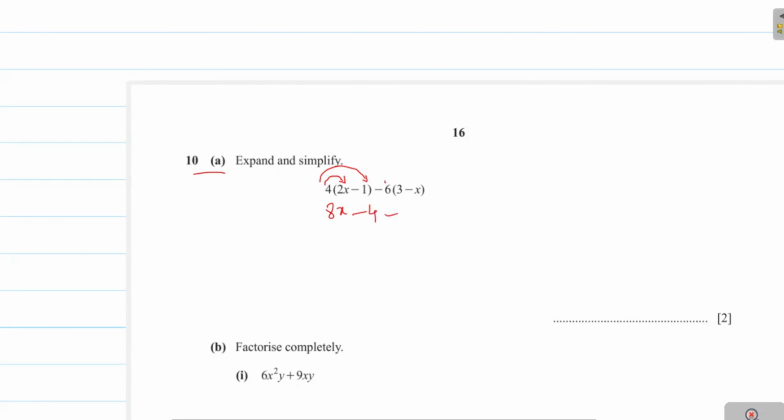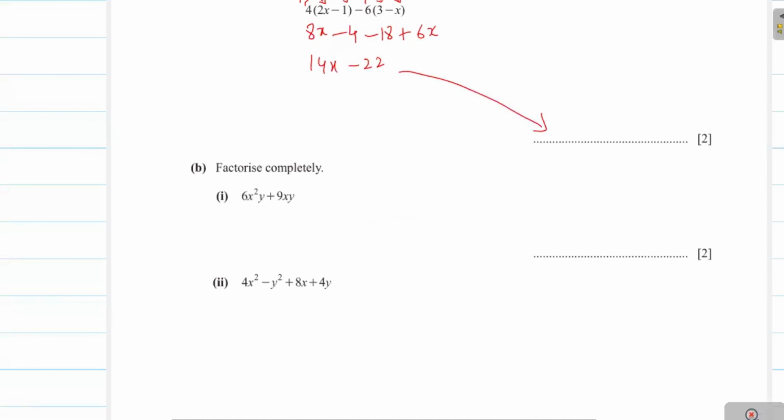Then minus 6 multiplied by 3 is minus 18, and minus 6 multiplied by minus x is equal to plus 6x. Now 8x plus 6x equal to 14x, and minus 4 minus 18 equal to minus 22, and this is the answer.